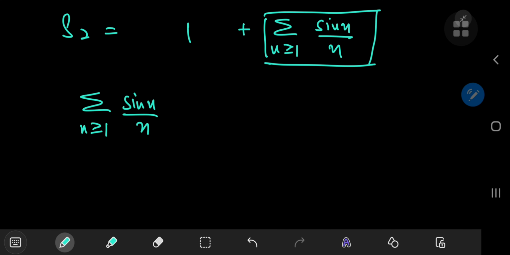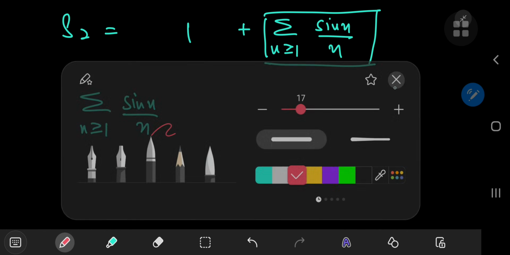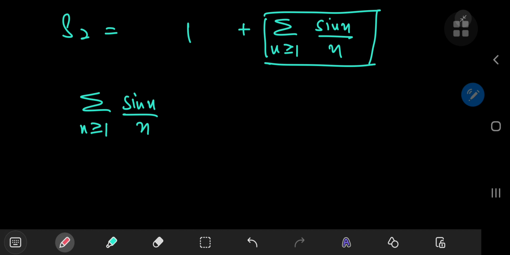And we have a similar structure to this once again. We have a result from calculus that provides a similar structure. But first up, we know that we can write this as the imaginary part of the sum over the positive integers n of e to the in divided by n. And once again, we can write this as (e to the i) to the n.